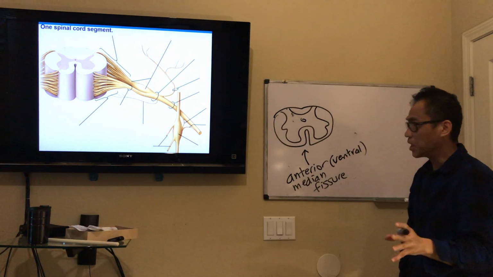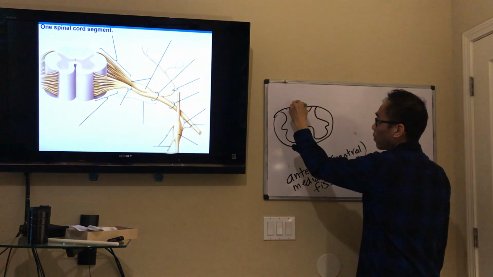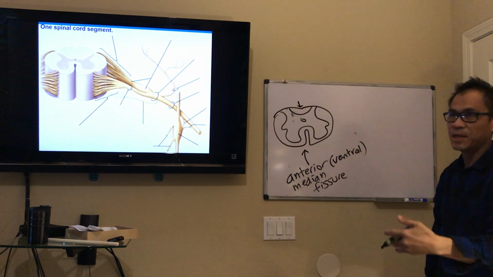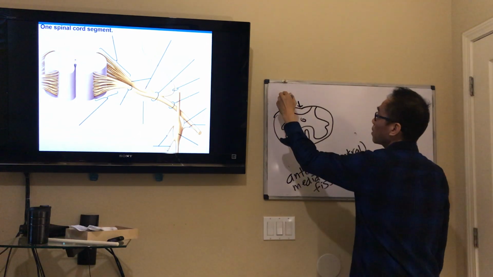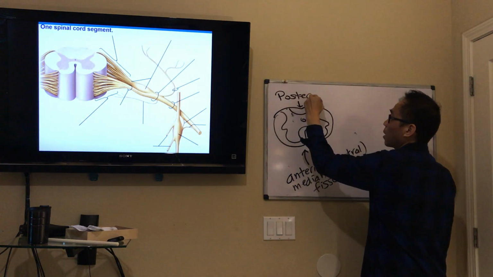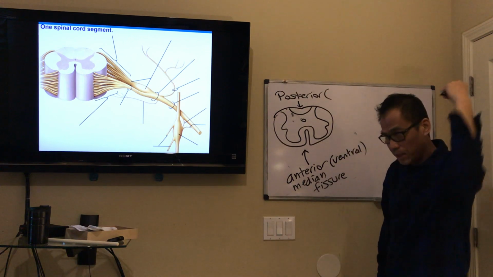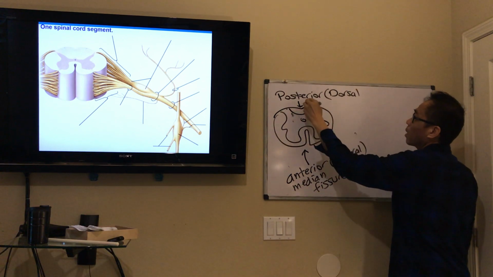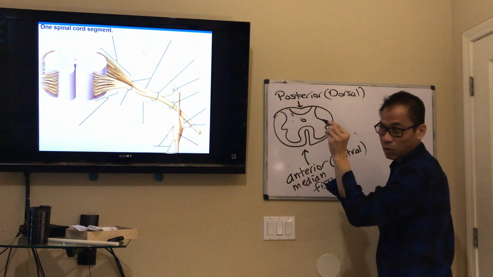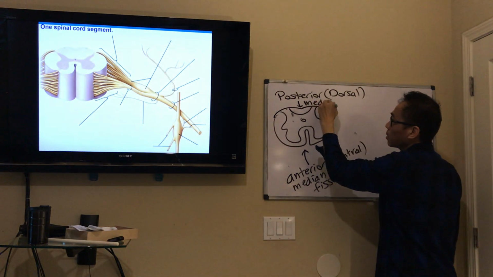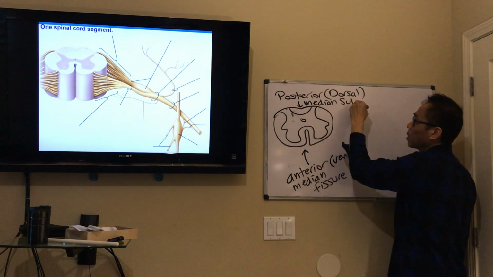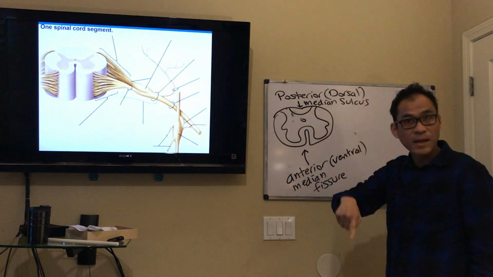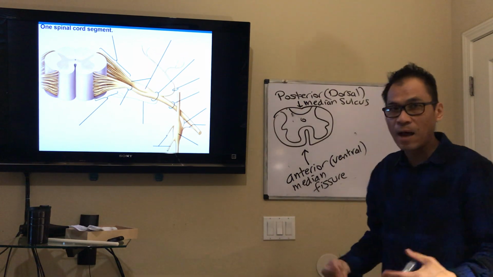I use both terms interchangeably, but there's a little groove right there, and that's the posterior or dorsal median sulcus. Posterior or dorsal, that means back. Median sulcus. That little hole in the middle runs up and down through the whole spinal cord. It's the central canal.